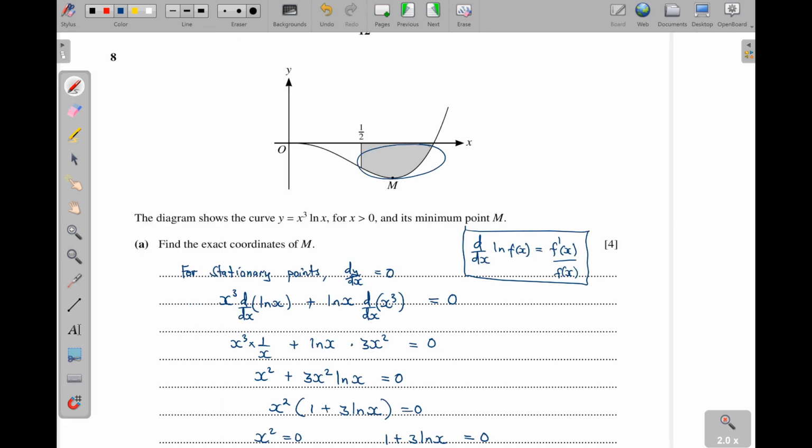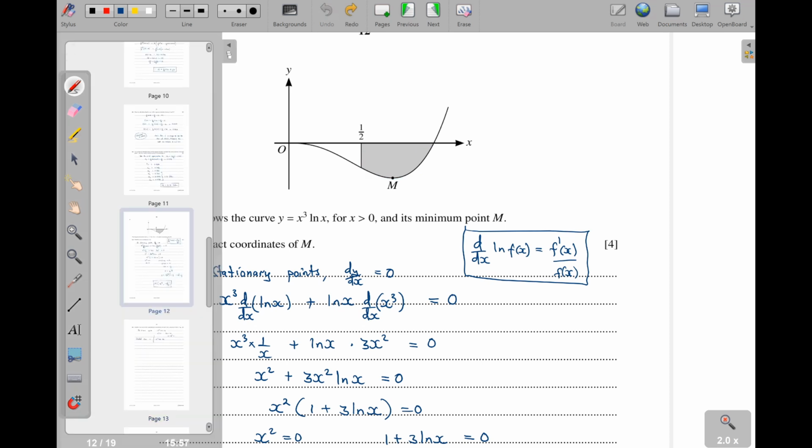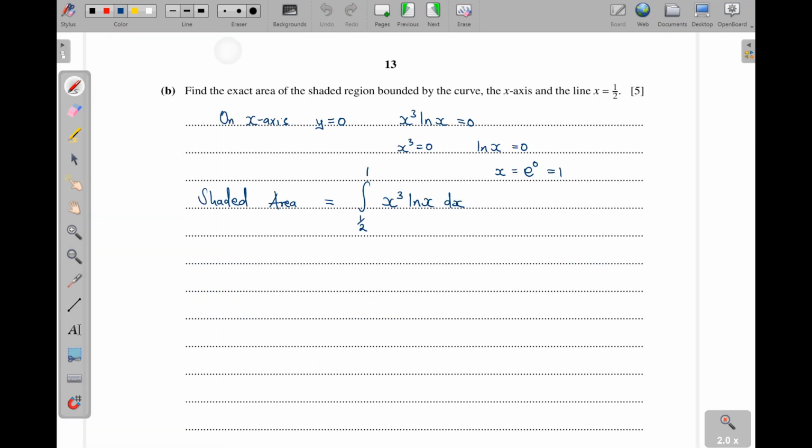That means when we integrate, we are going to get a negative answer, and area cannot be negative. So I'll put the modulus signs here to make this one positive. Now, we are going to use integration by parts here because this is a product of two functions. And for integration by parts, I've always shared that you use this acronym, ILATE.